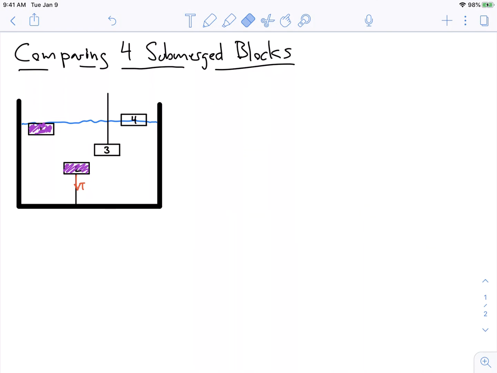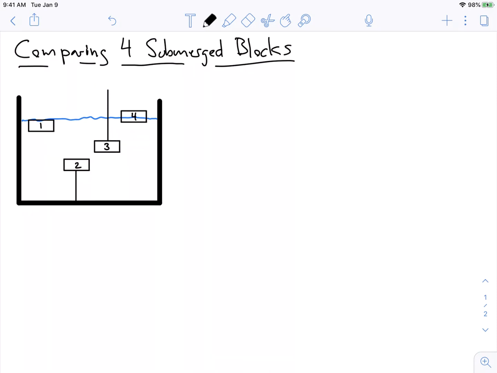The last thing to do is to rank these actual densities, and the ranking becomes pretty easy. Let's look at block 1, block 3, and block 4 first, because these are the easiest. Right off the bat, we see that block 4 is floating high above. All of these blocks have the same volume.